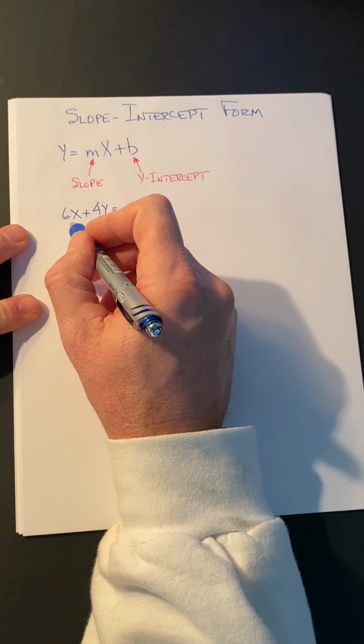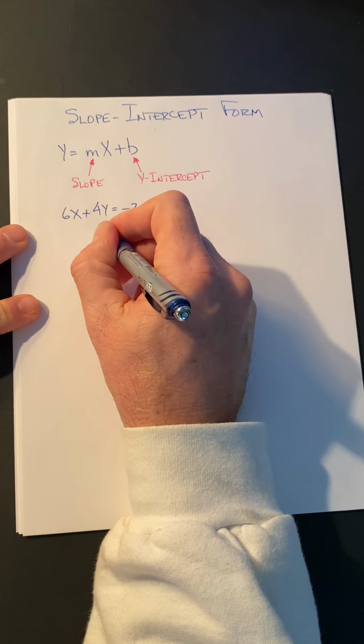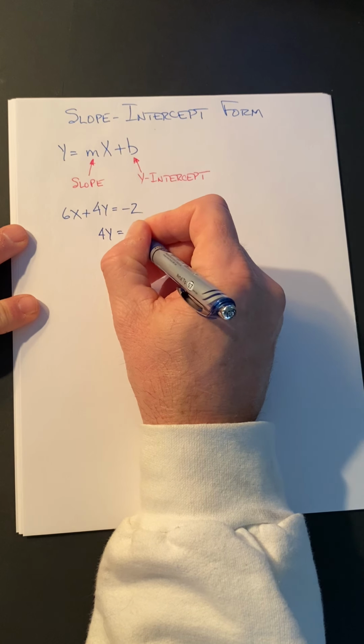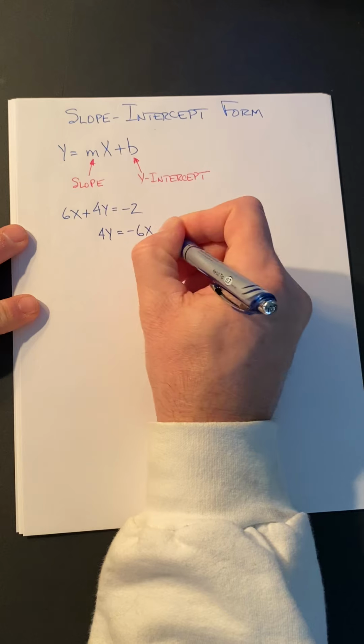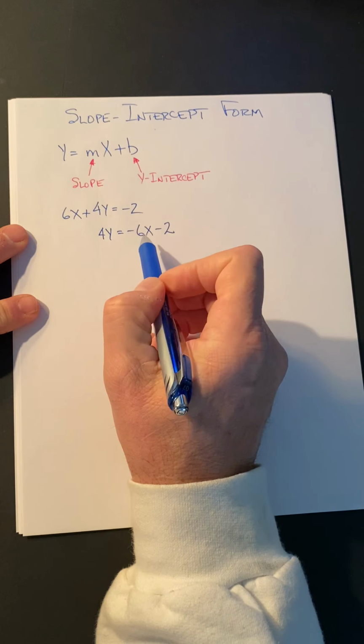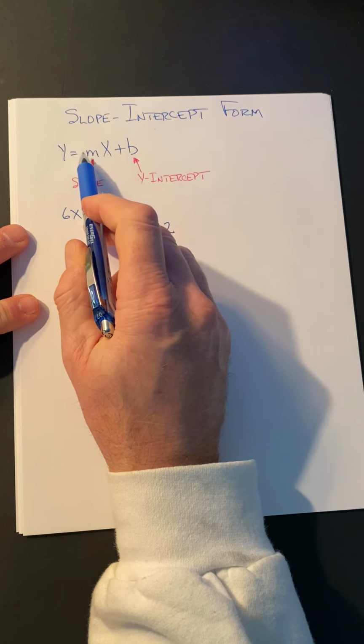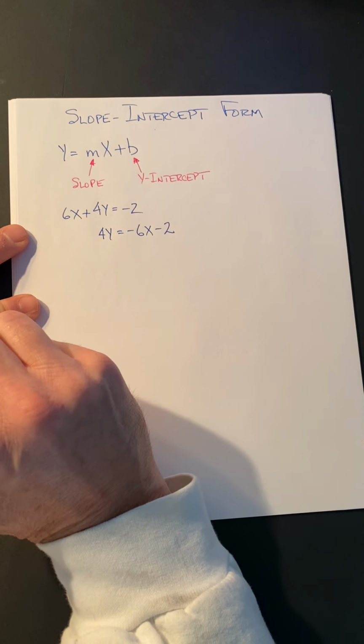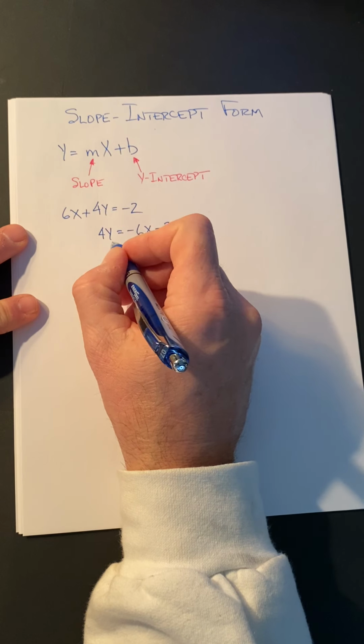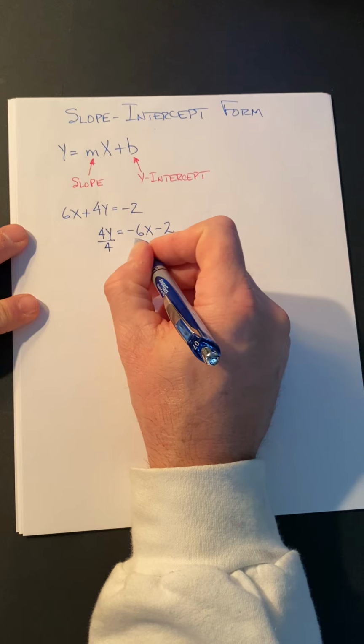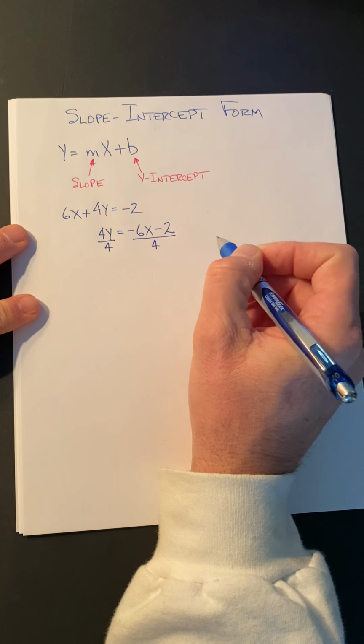So I'm going to subtract 6x from both sides, and that's going to leave me minus 6x minus 2. Notice I put this 6x in front because I'm always building towards that format, right? Now I'm going to have to divide both sides by 4.